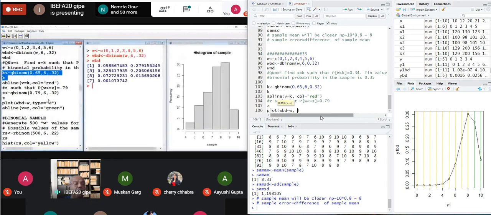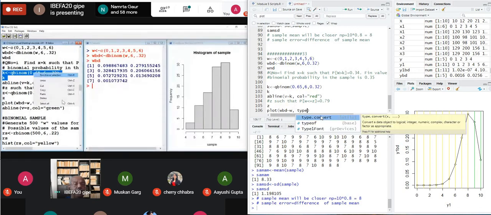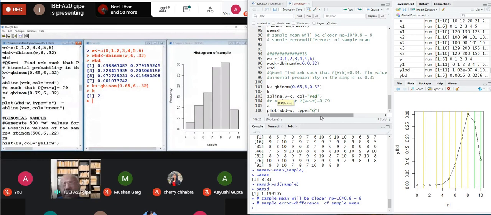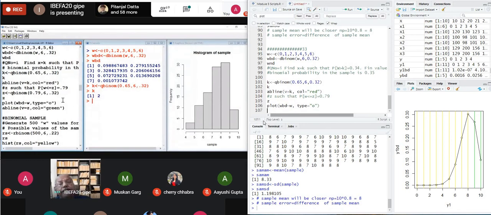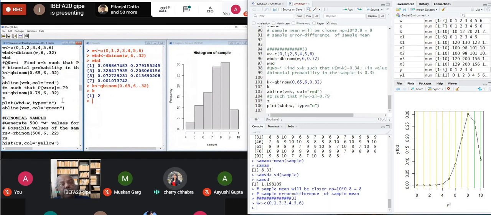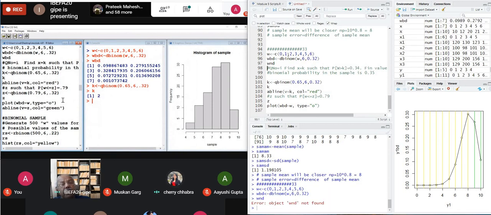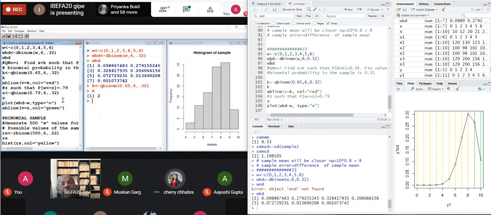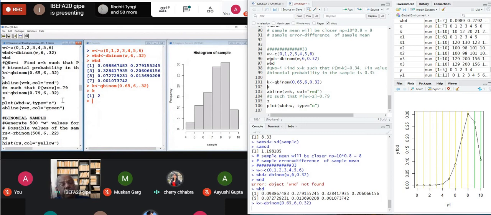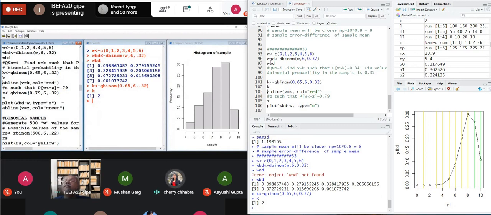qbinom gives 2. So what is the meaning of k equal to 2? Anybody? It means that if X is greater than 2, then the probability will be 0.35. Perfect. And less than or equal to 2, it would be 0.65.